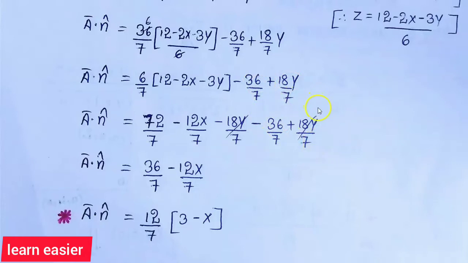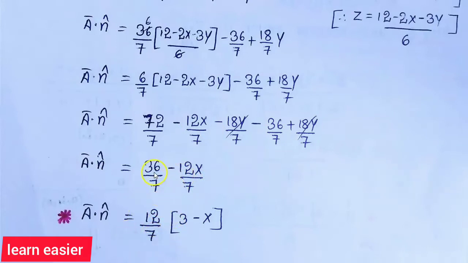Now here you can see the minus 18 by 7 y is there, and here plus 18 by 7 y is there. So both are cancelled out and the remaining terms are 72 by 7 and minus 36 by 7. Let's take the LCM of 7 for these two terms. You get (72 minus 36) by 7, which is 36 by 7, and the remaining is minus 12x by 7. So let's take 12 by 7 as common.